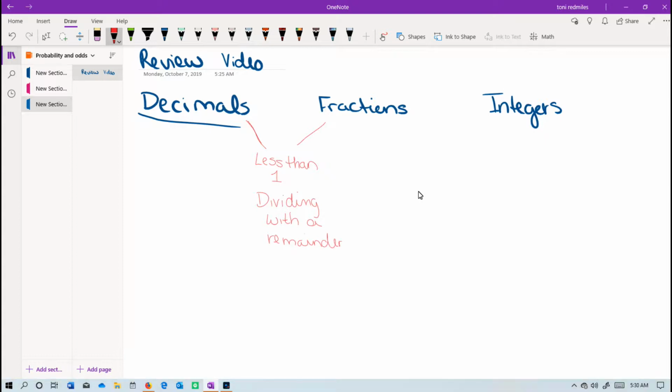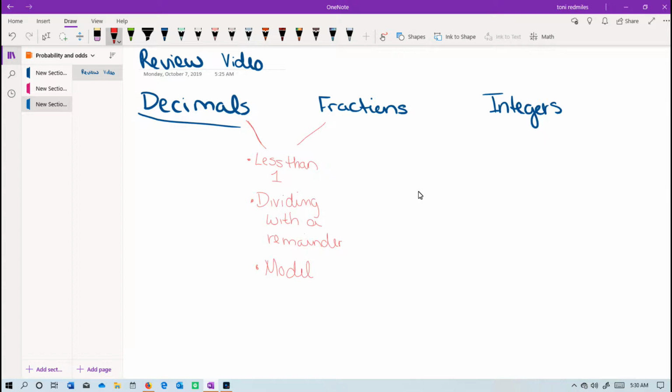Things that are for both but different is modeling. You need to be able to model a decimal, and you need to be able to model a fraction. We're not going to do modeling in this class. I might do it as an example, but the majority of this class is going to be looking at the arithmetic of it. You should already know how to model.